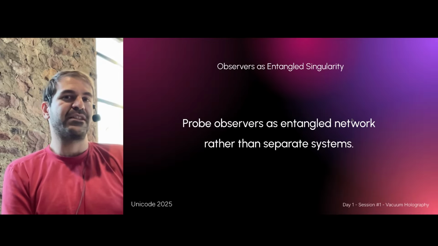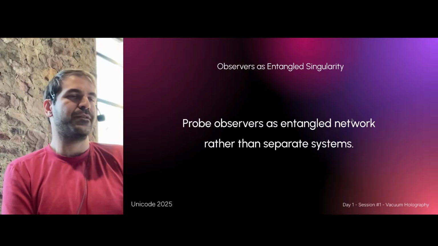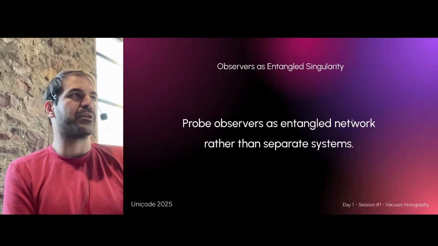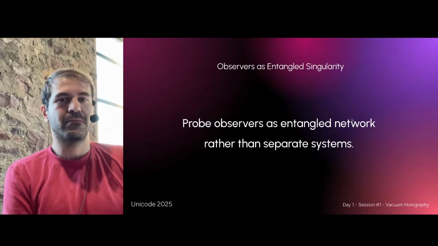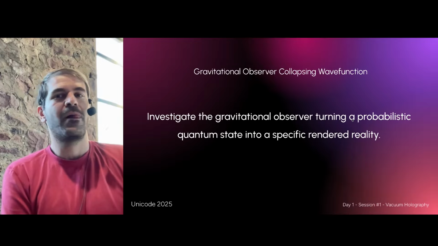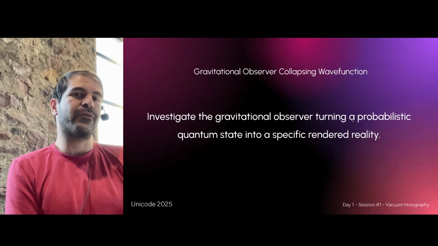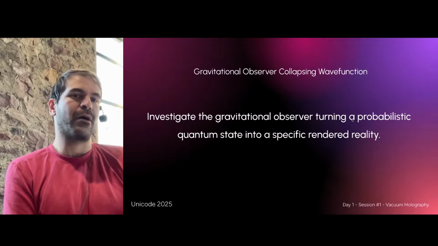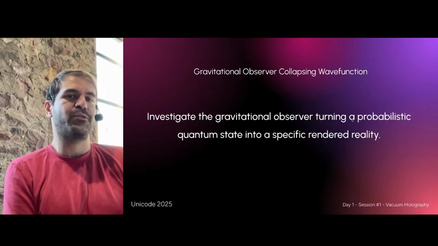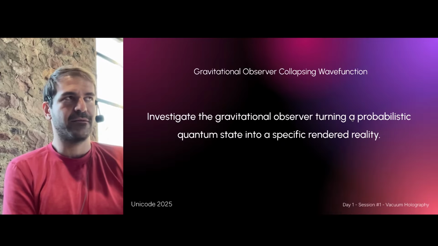So observers as entangled singularity: probe observers as an entangled network rather than separate systems. Gravitational observer collapsing wave function: investigate the gravitational observer turning a probabilistic quantum state into a specific rendered reality.